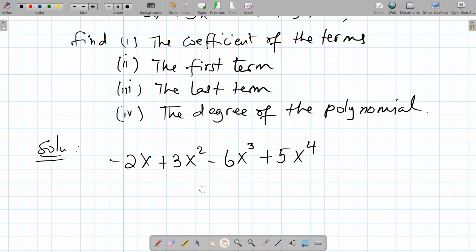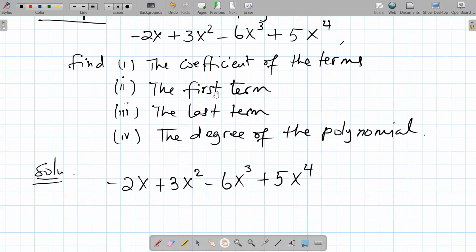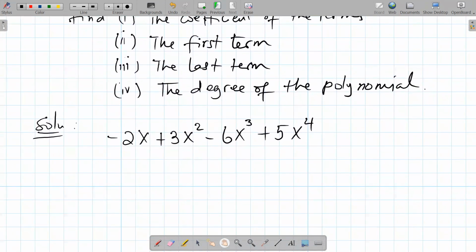But if it is not rearranged and the question is asked, as you see here, find the coefficient of the terms, what is the first term, what is the last term, what is the degree, just follow as is.